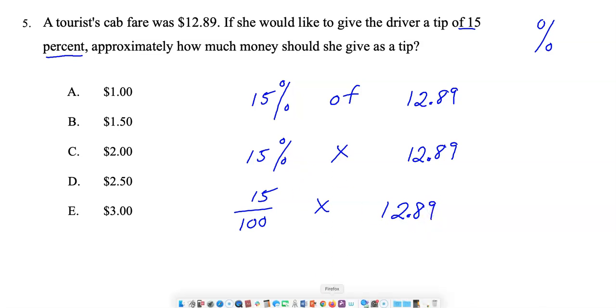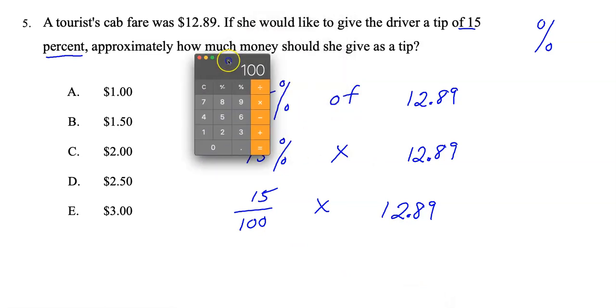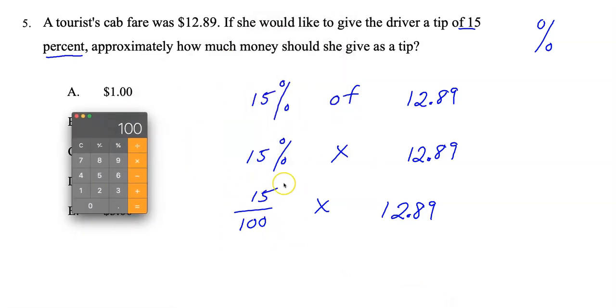Well, let's do this. So 15 divided by 100. I'm going to hit enter. You don't have to, you can just hit times right away, but I'm going to hit enter first. Or equals, and then multiply that by 12.89.